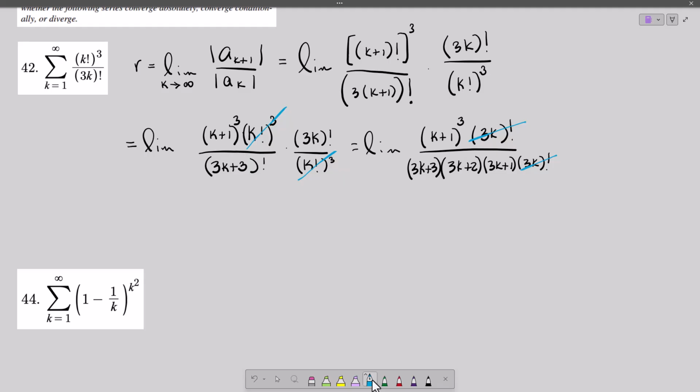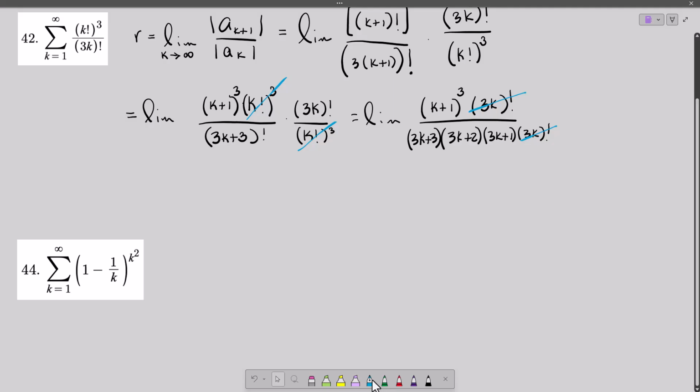And this is why the ratio test is so good for factorials, because you can always get rid of the factorial symbol with this ratio of terms here. All right, so now this limit is as k goes to infinity. What we have in the numerator is a cubic.